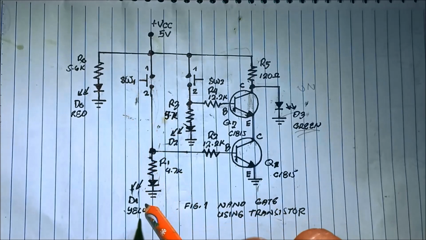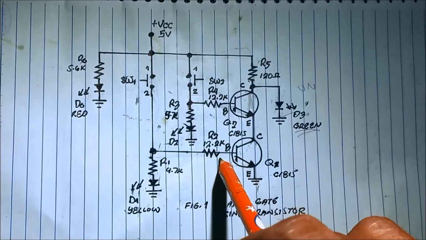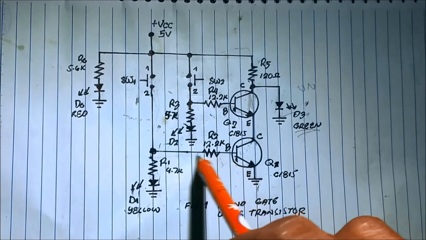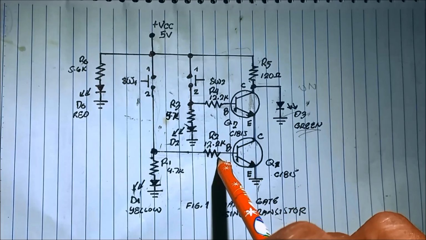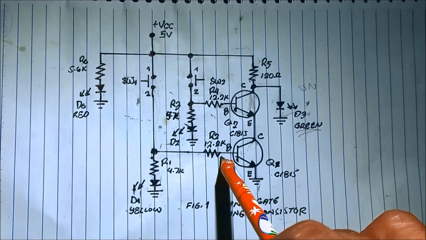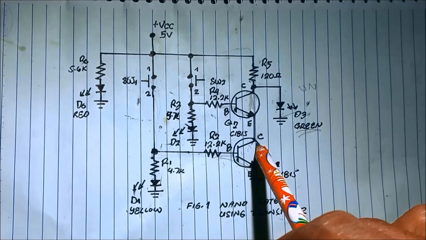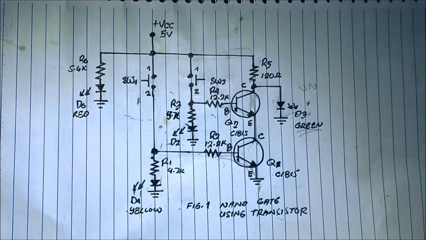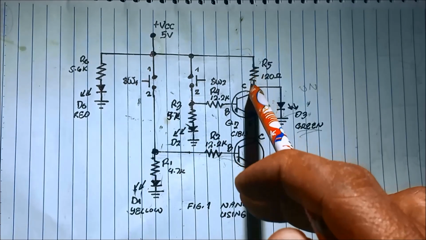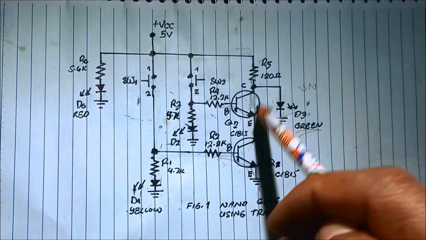Once we press the switch 1, the yellow LED turns on, and the input side of the transistor turns on because it injects a current to the base with this 12.2K biasing resistor in order not to burn this transistor, causing this transistor to turn on, but the output remains on. Why? Because the current will not flow into the collector to emitter, and then to ground because of this other transistor.